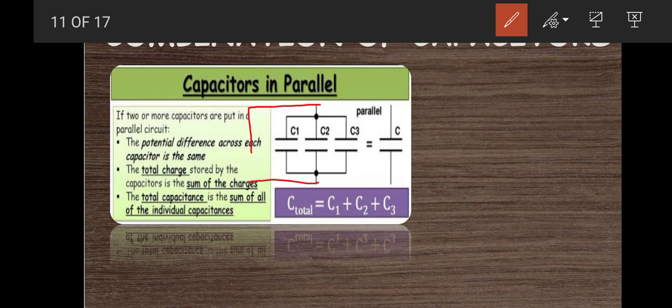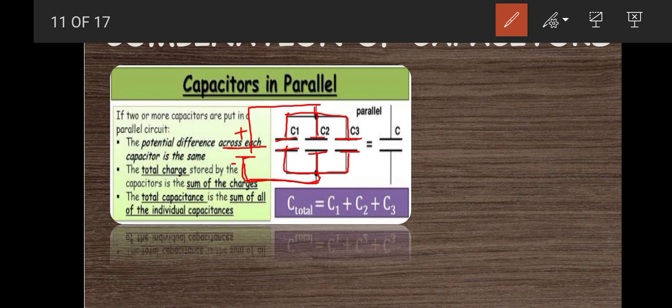And how are they combined? One plate of each capacitor, here you can see they are interlinked, is joined with one terminal of the battery, and the second plate of each capacitor is joined with the second terminal of the battery, positive and negative. This is called capacitors in parallel.